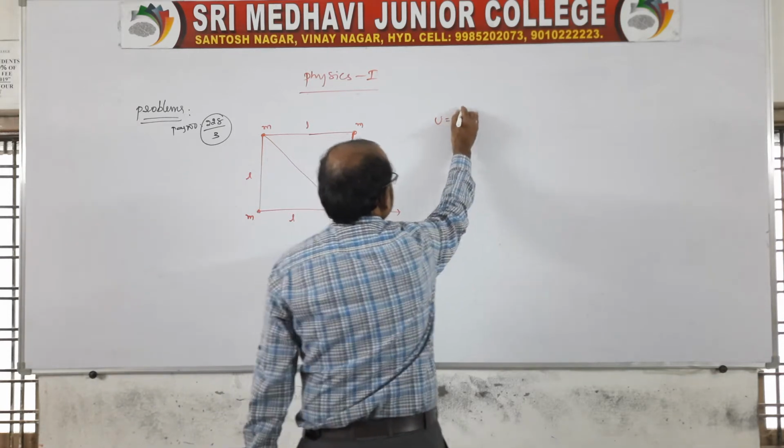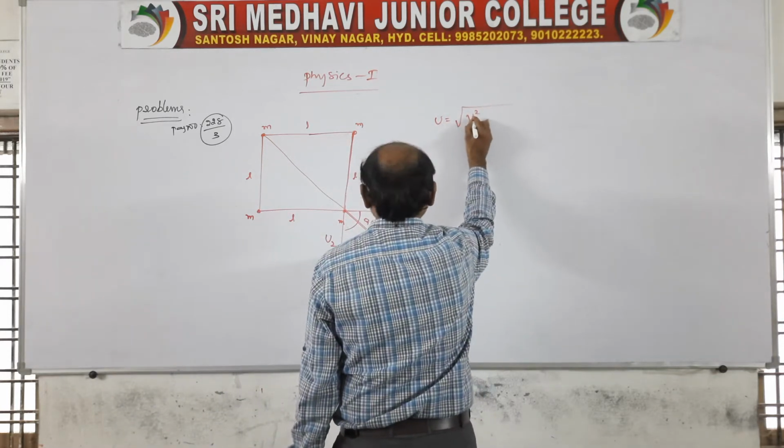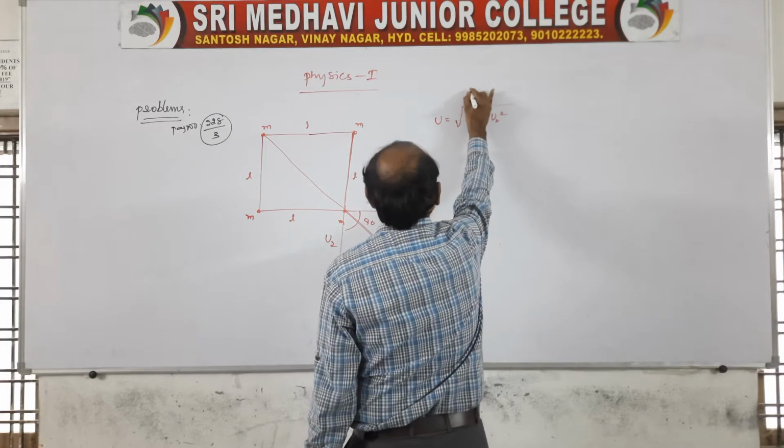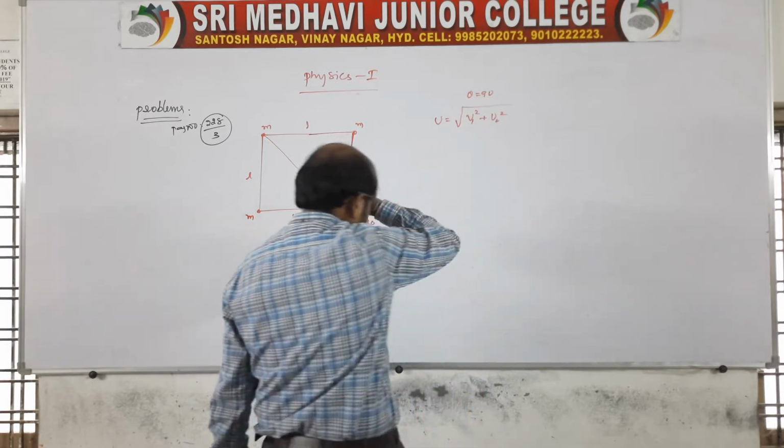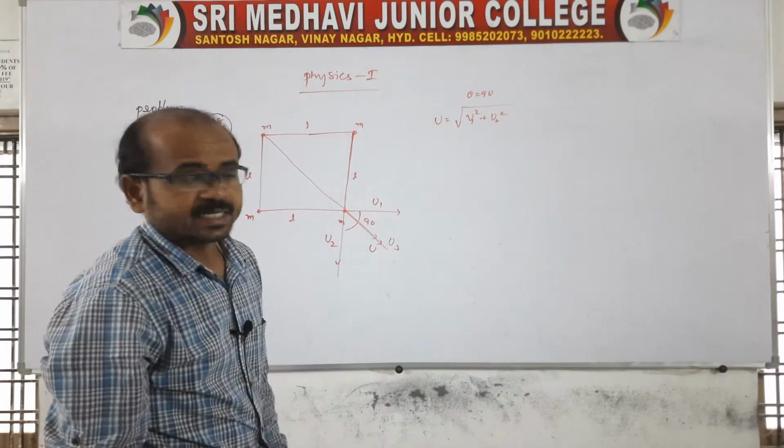U is equal to root over U1 squared plus U2 squared, because theta is 90, and when it is 90 there will be cos 90 equal to 0.